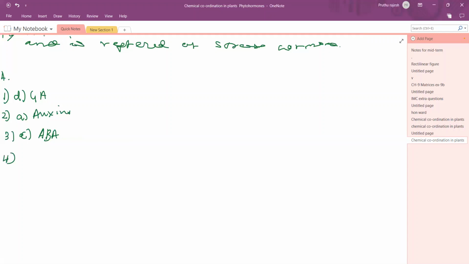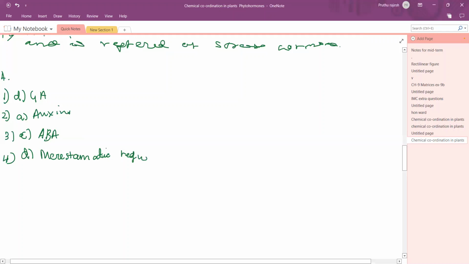Fourth one. Auxins are abundantly produced in the base of the root, base of the shoot, or the meristematic region of the shoot. It is the meristematic region of the shoot, option D. Fifth one. Let's move on.